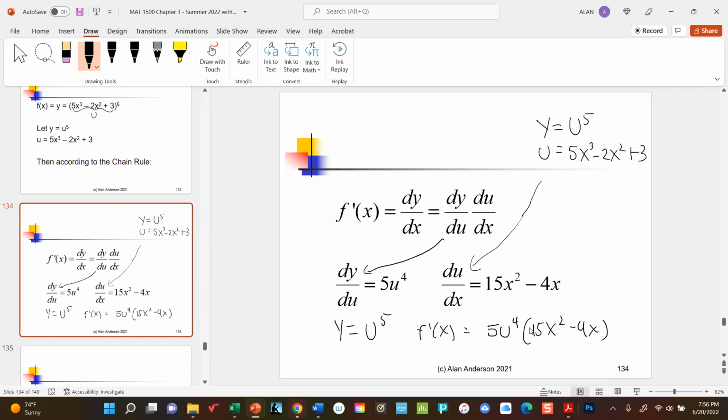So what we actually have here is 5 times (5x^3 - 2x^2 + 3) all to the fourth power, times (15x^2 - 4x). And we're done.